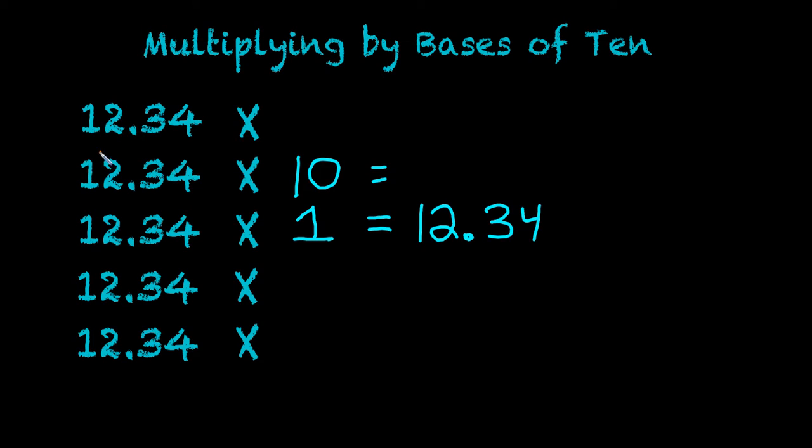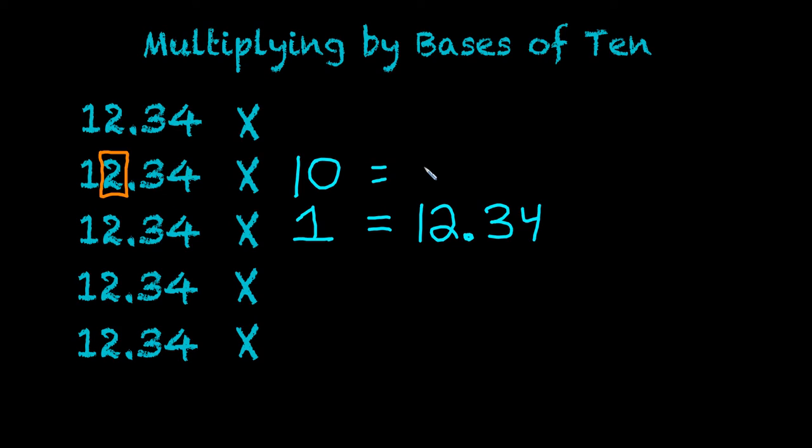One thing I do is I like to isolate a digit in the whole number side if I have one, like this 2, and forget about all the other digits. Just look at the 2 and think about multiplying that 2 times 10. See how simple that is? You know that that 2 times 10 is 20. So what that tells me is my answer needs to have a 2 in the tens place.